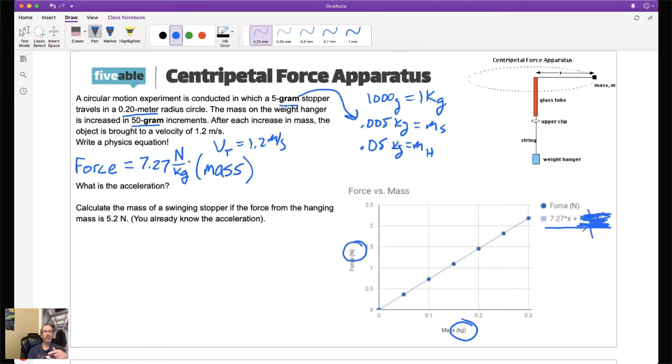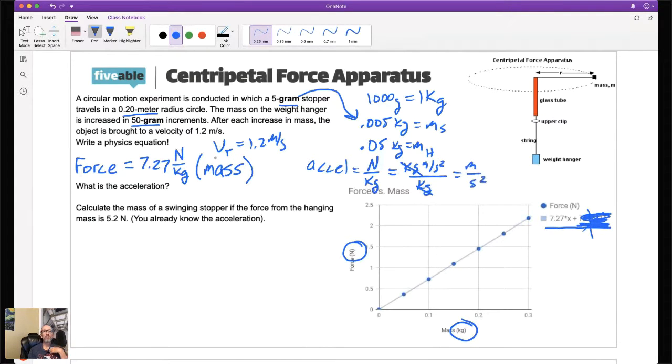But just because we have it as a Newton per kilogram, you'll have to recognize that there are two units for acceleration. One of those units for acceleration is equal to a Newton per kilogram. If I take a Newton and make it a kilogram meter per second squared and divide that by a kilogram, my kilograms cross off and I'm left with what we're used to, which is a meter per second squared.